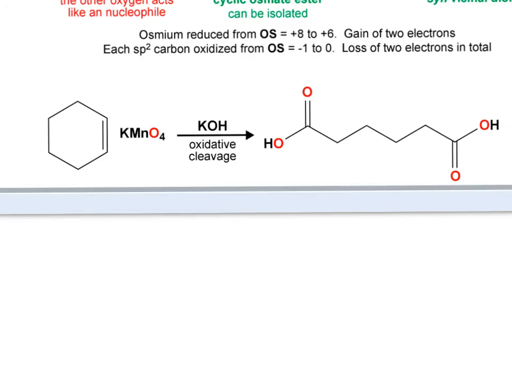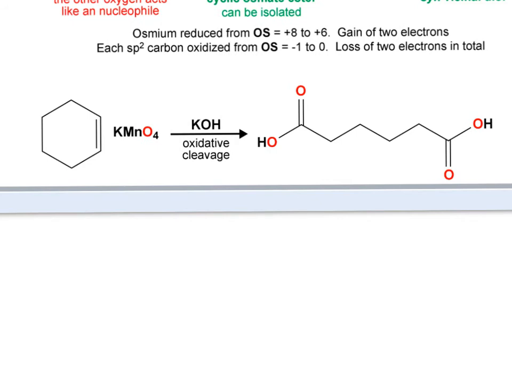The third oxidation that I want you to know about is oxidation with KMnO4, shown here. O4 is the key because we're going to add 1, 2, 3, 4 oxygens. So you see KMnO4 and a pi bond. What I want you to think about is breaking that in half, right?